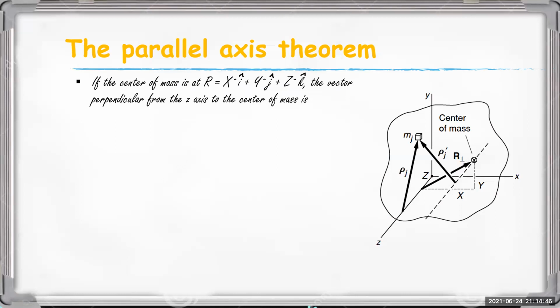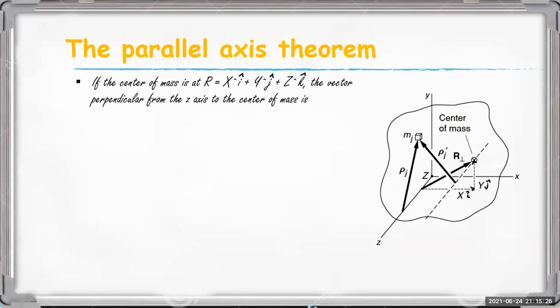Then what will be the vector perpendicular from the z-axis to the center of mass? From the z-axis, we have drawn a perpendicular, that is r perpendicular. What is the value of that vector? Just look here. If we consider it as a vector, it must be equal to xi, the vector xi, plus yj.